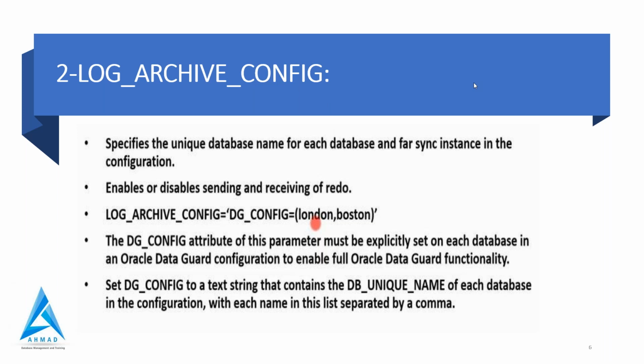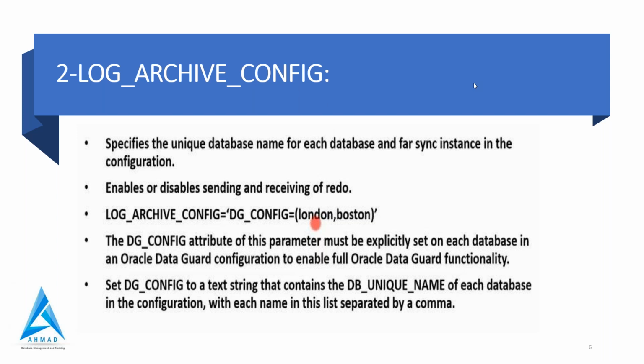The DG_CONFIG attribute of this parameter you can set explicitly on each database, as a text string that contains the DB_UNIQUE_NAME of each database in the configuration, with each name in the list separated by a comma, as I already said.